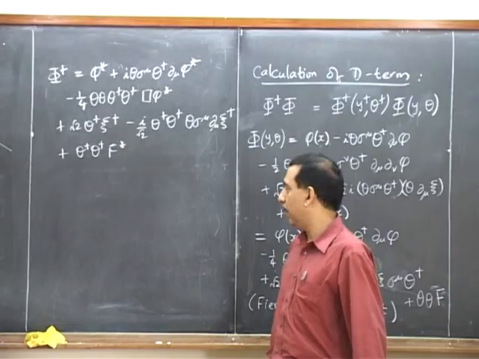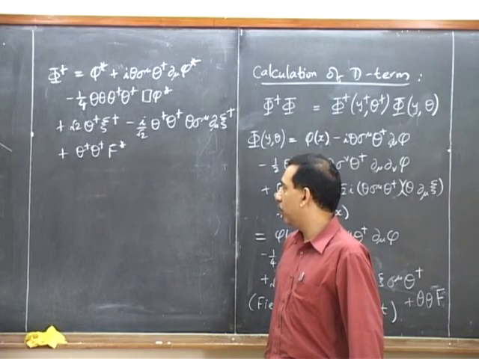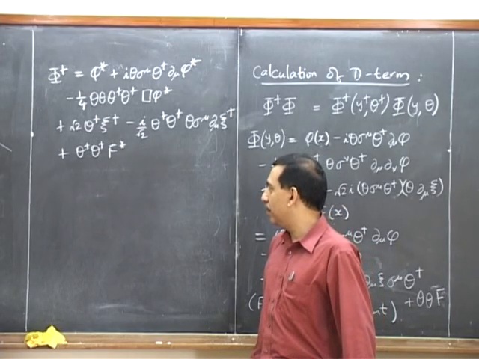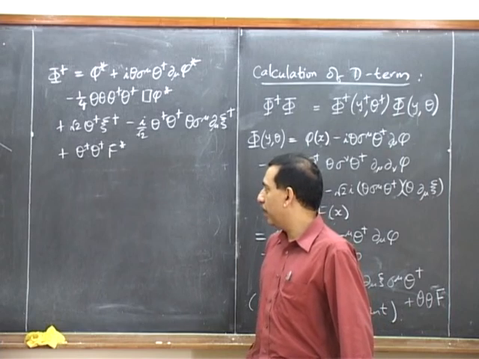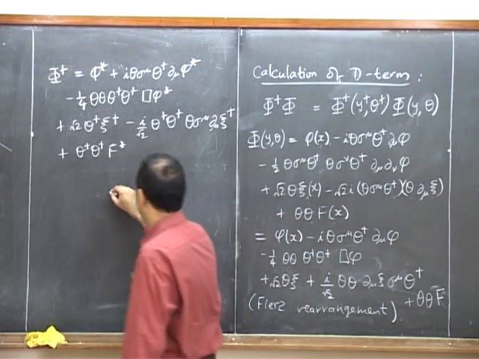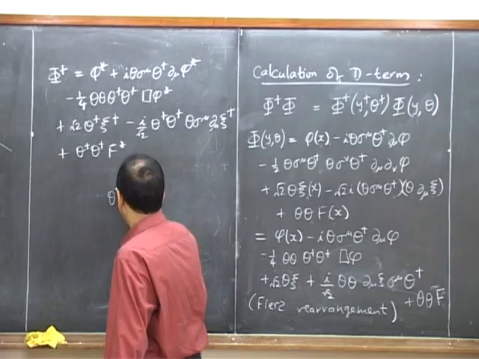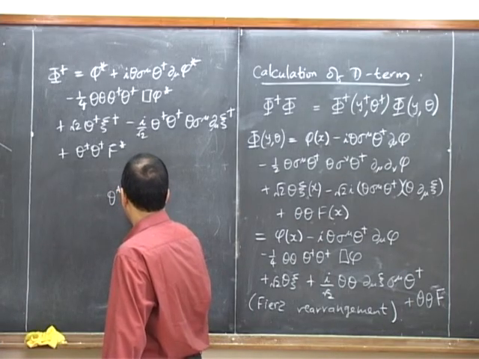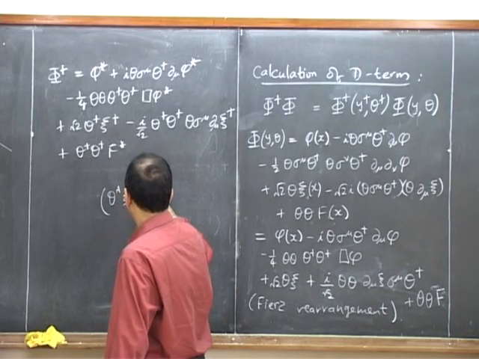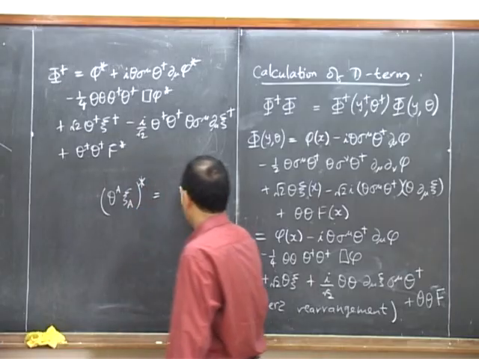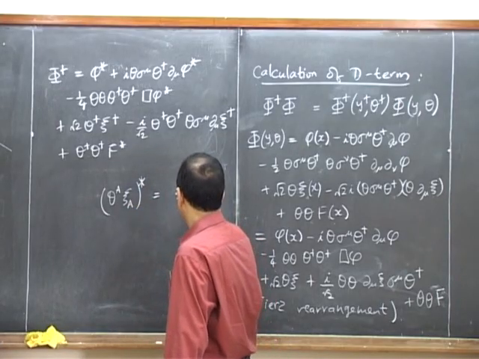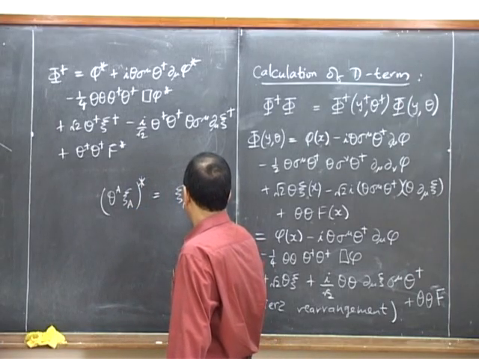And so when we complex conjugate, we have theta A psi A star. Yeah, correct. So we get psi A star theta.